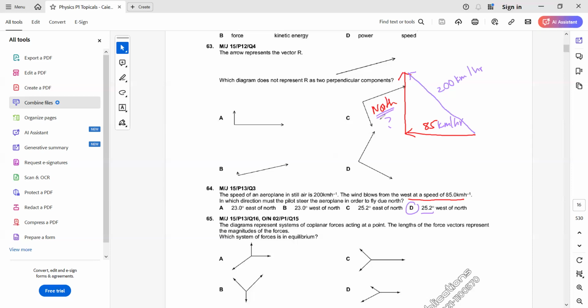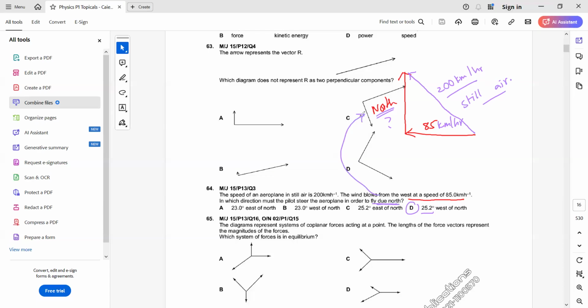Doesn't it say the speed of an airplane in still air is 200 kilometers an hour? So wouldn't that mean it's going north at 200 kilometers an hour? No, that's what I drew for still air. But the question is, he wants to fly north. So that's where I figured this out.